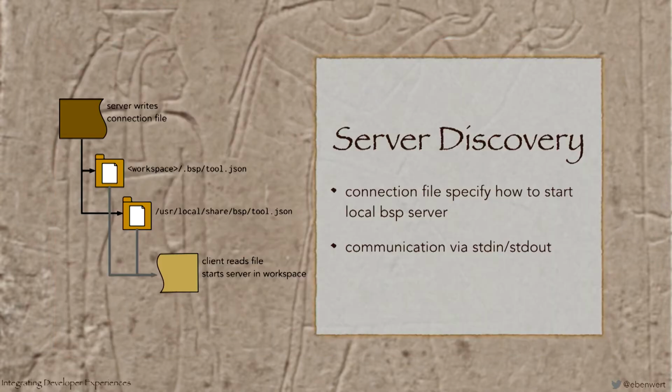One thing we address that LSP doesn't is finding that there is a server available that we can connect to. So in LSP, you need a server-specific implementation in your client. With BSP, that's not strictly necessary, because we say, okay, a server just drops a configuration file into your project or into your user space, and the client can find that at specific locations.